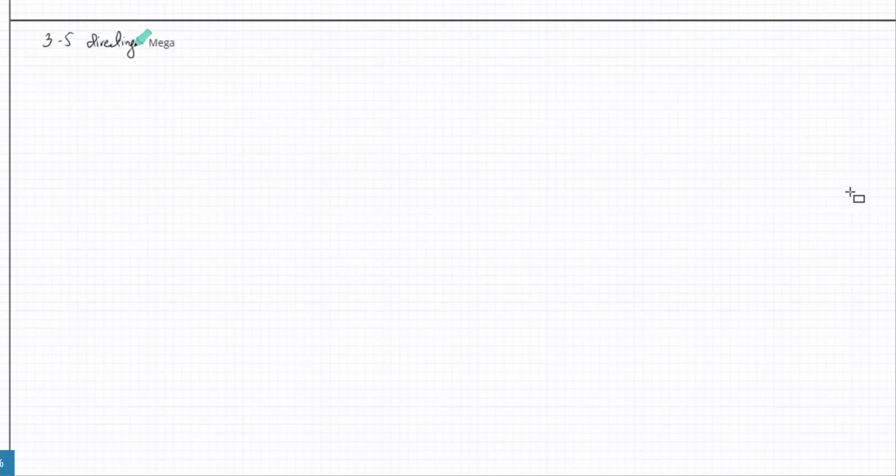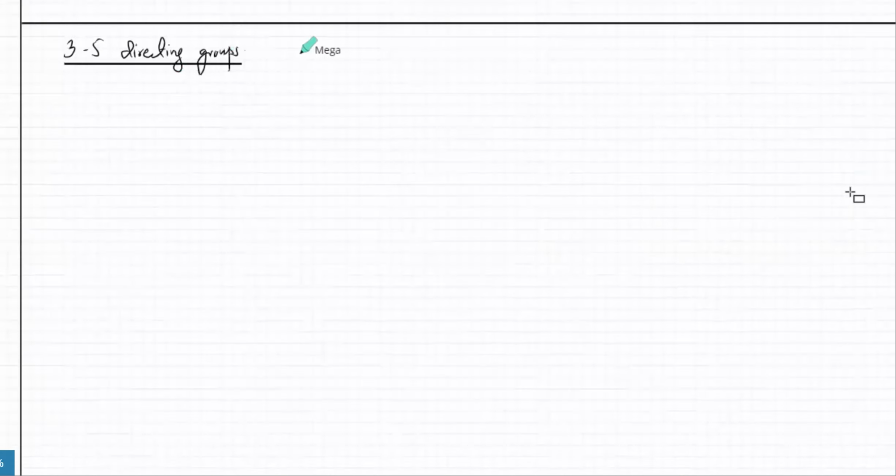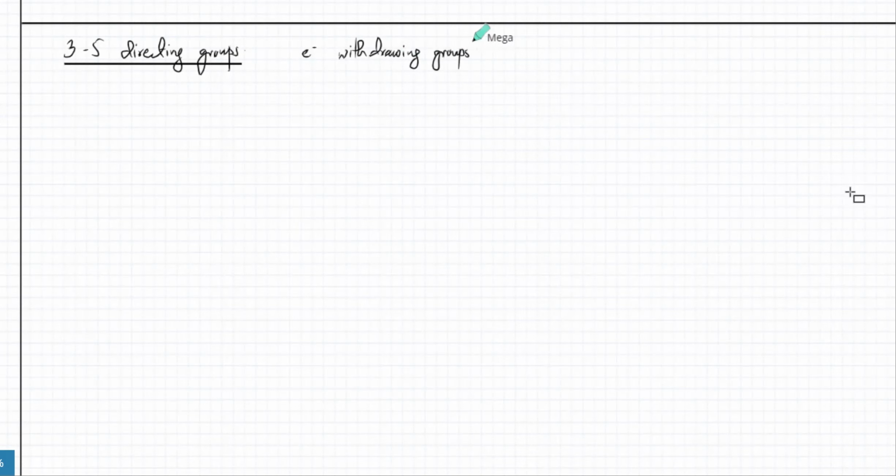So 3,5 directing groups. Now 3,5 directing groups are electron withdrawing groups. So these are your electron withdrawing groups.